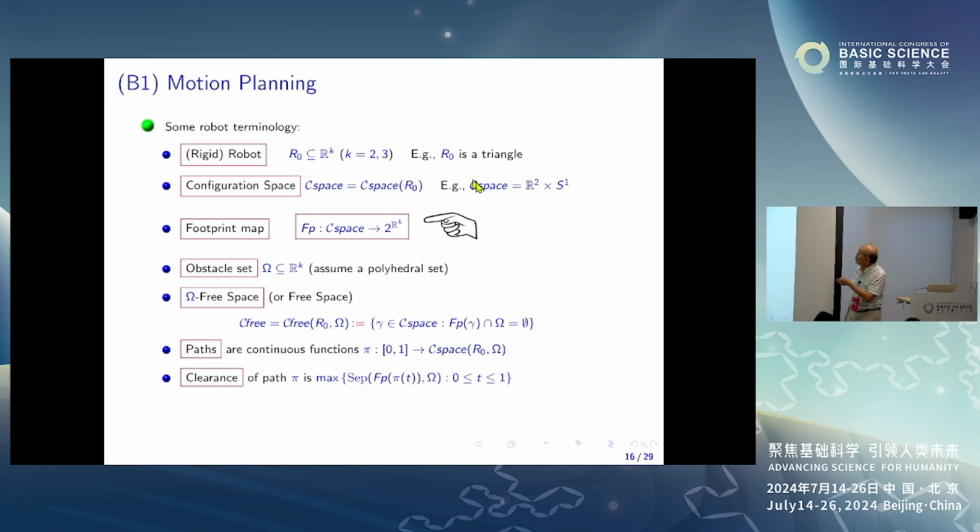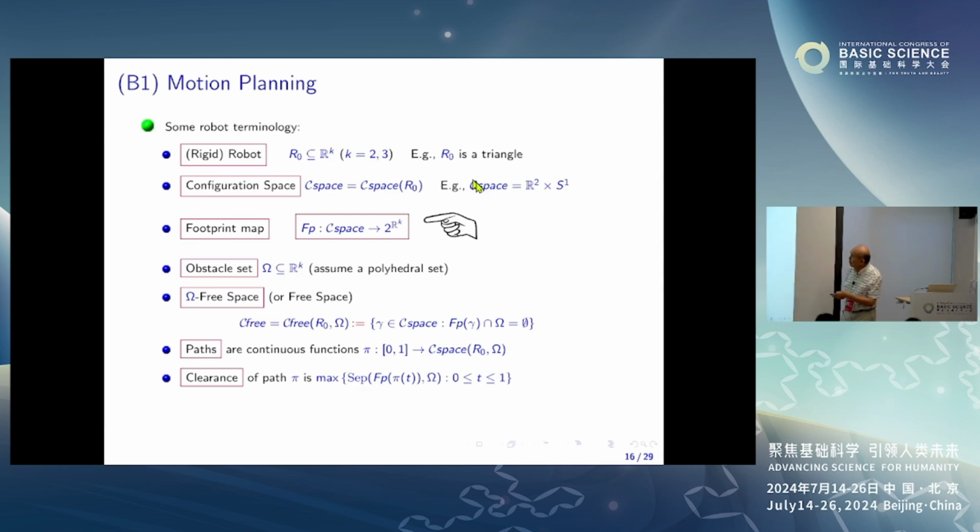So if you have a robot, then C space is basically XY, which is R2, and an angle that will tell you how the robot is oriented. And basically, there's a map. I call it a footprint map that maps configurations into a subset of Euclidean space. It tells you where the footprint of the robot is. Where's the robot standing, right? Standing here, standing here, different footprints. So that map is inherent in the definition of the robot.